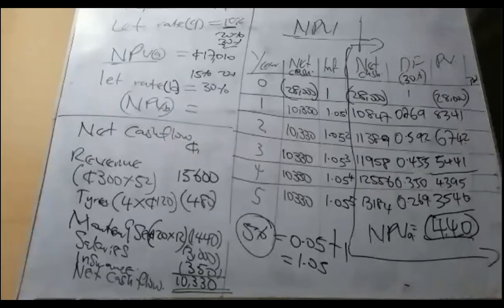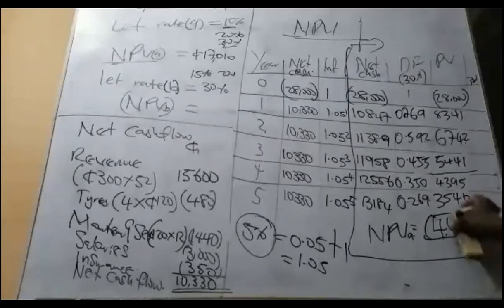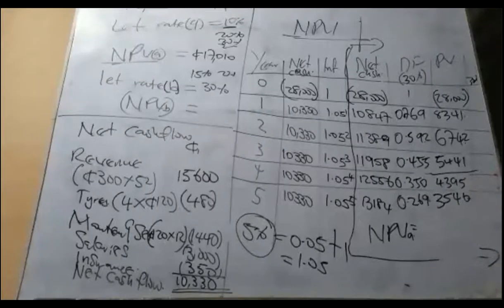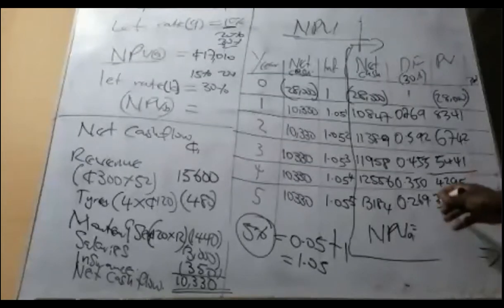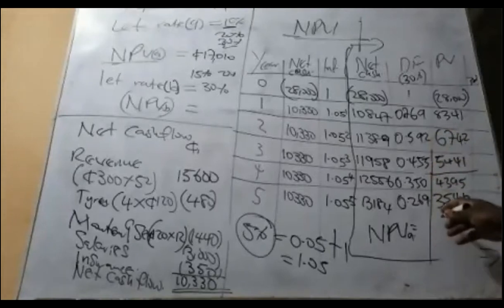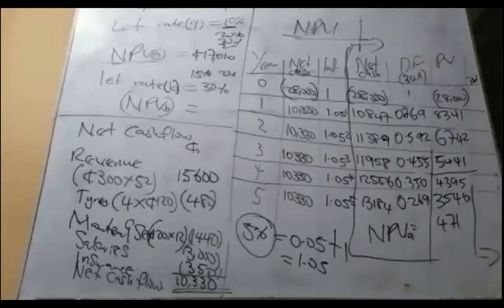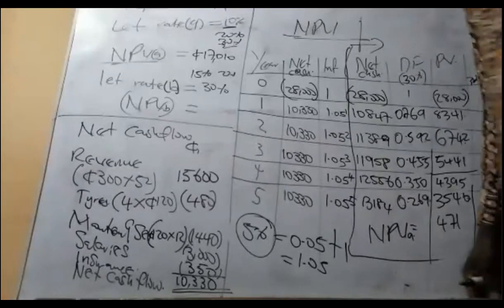So probably it will reduce the impact. So there's a difference. It will still be positive. Sorry, it will still be positive. So that will be less 440. So I'm getting something like 471 neighborhood. Or you take all of them again.